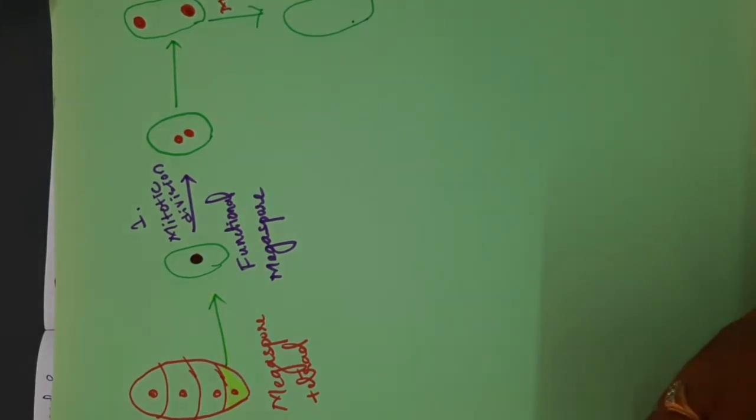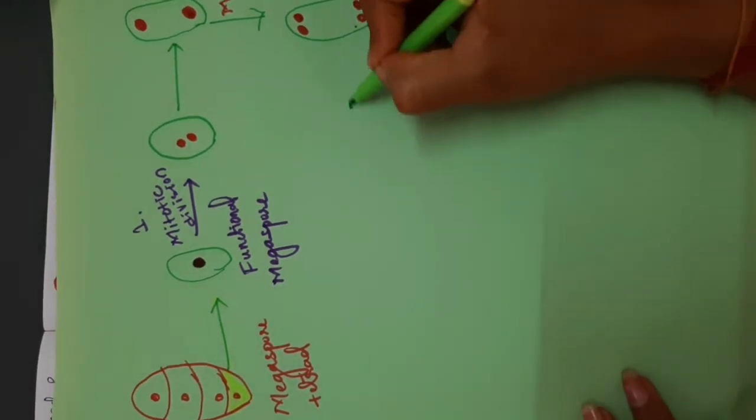The two nuclei are going to be arranged at opposite poles. Then after the arrangement of the nuclei, that cell undergoes the second mitotic division to form 4 nuclei, 2 nuclei at one side and another 2 nuclei at the other side.